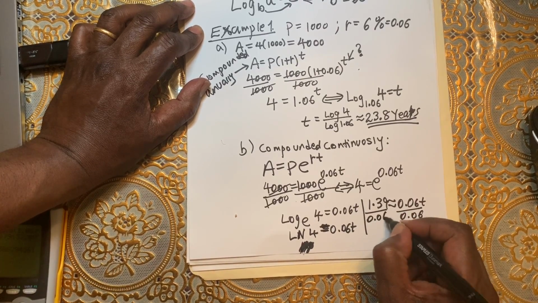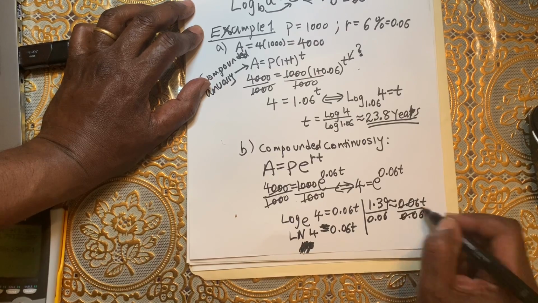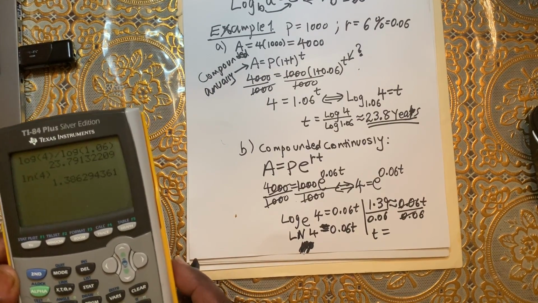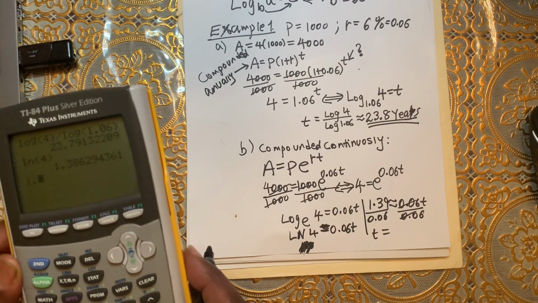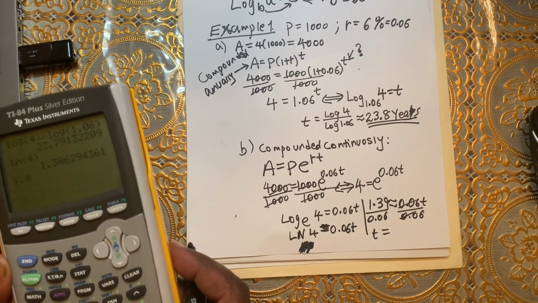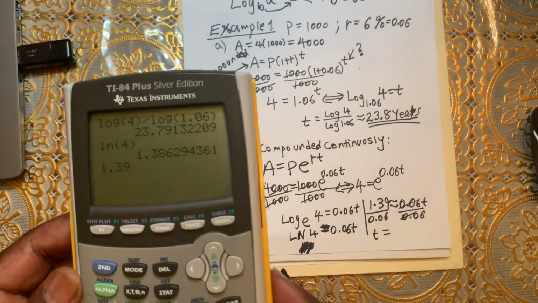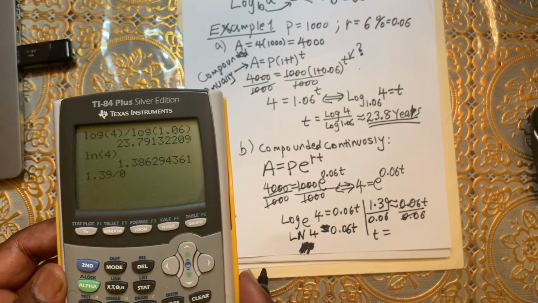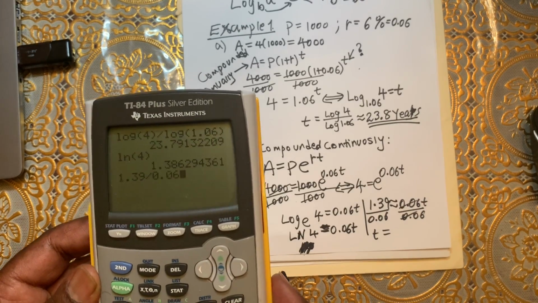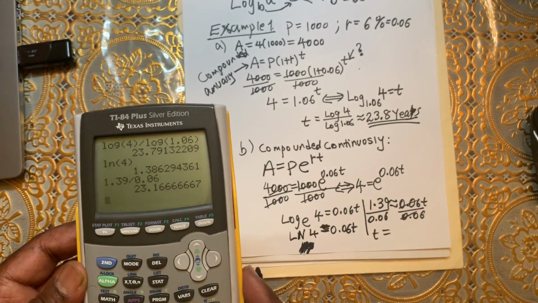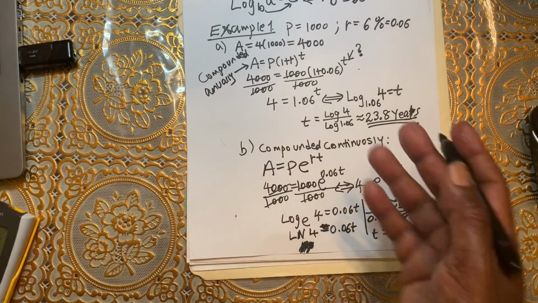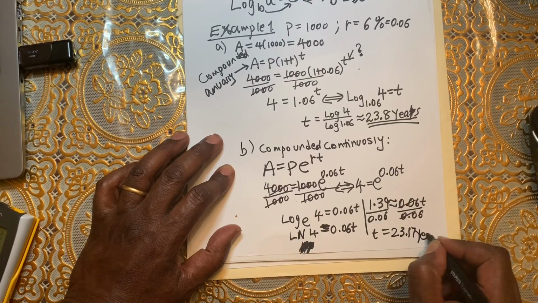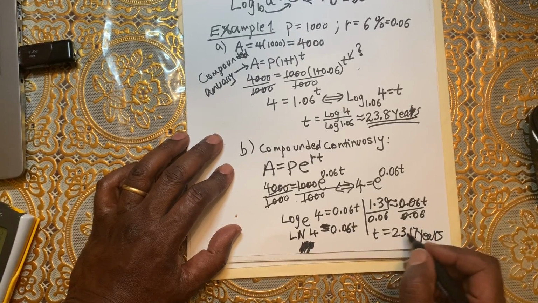So 1.39 divided by 0.06 is 23.17 years, or 23 years you can say.